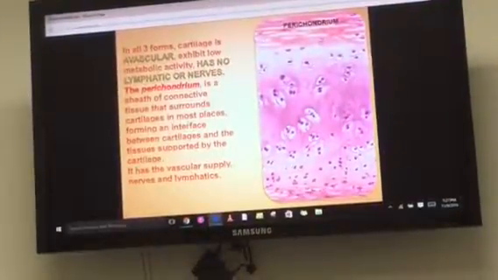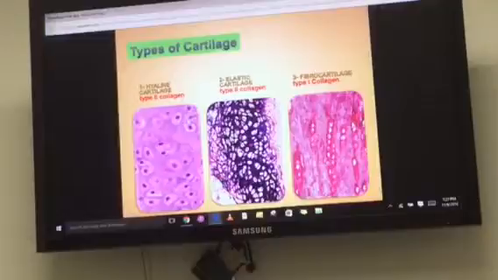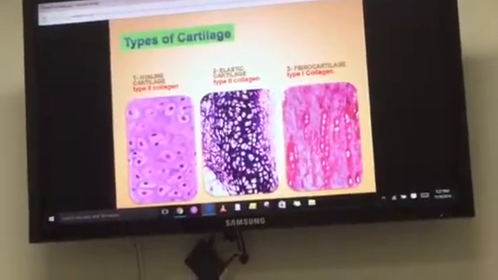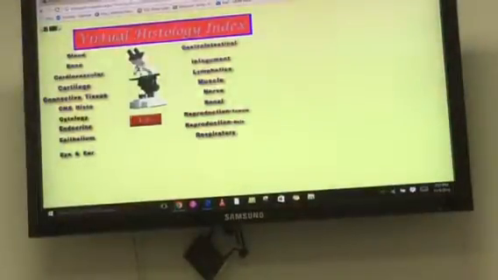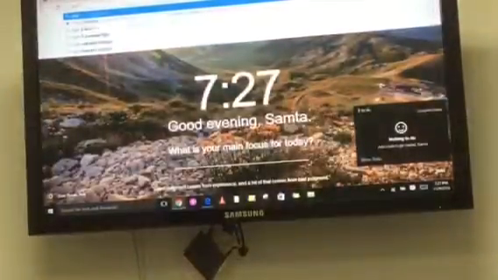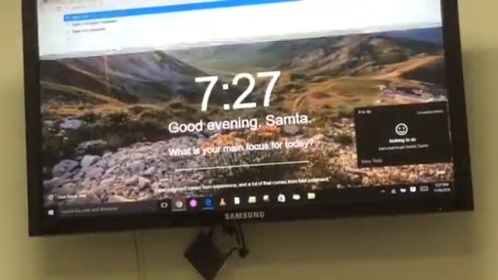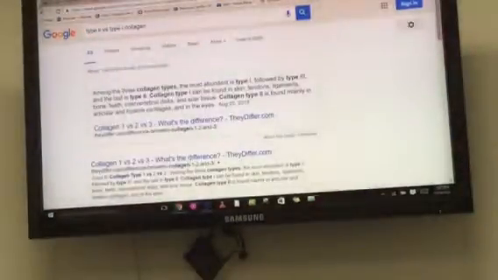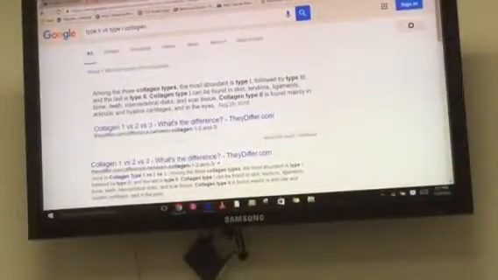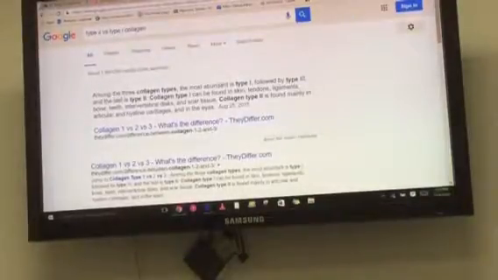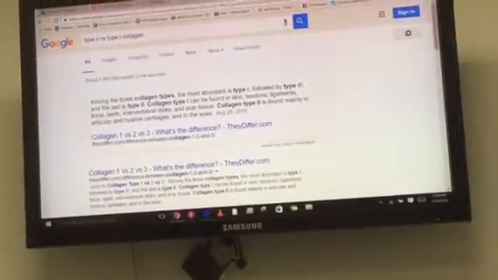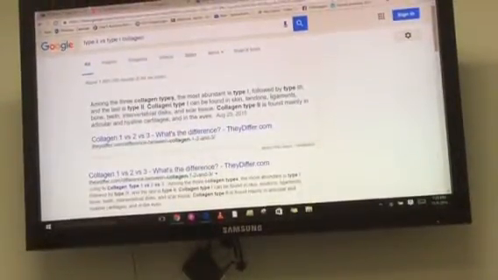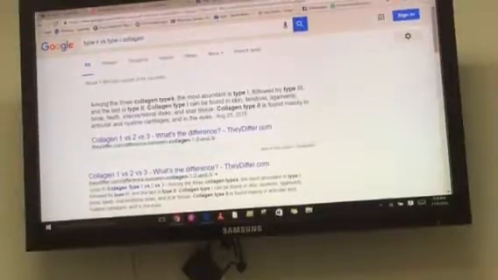Okay. So what makes them different types? Is there like certain characteristics for type 2, type 1? Well, you'll get to it. I don't know. For type 1 it's skin, tendons, ligaments, bone, teeth. Basically type 2 is mostly auricular, and hyaline cartilage is in the eyes. Can you click images real quick?